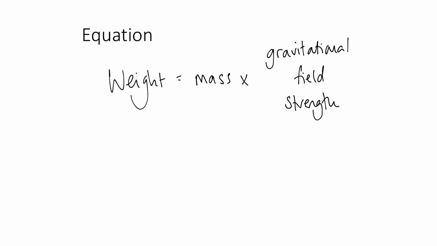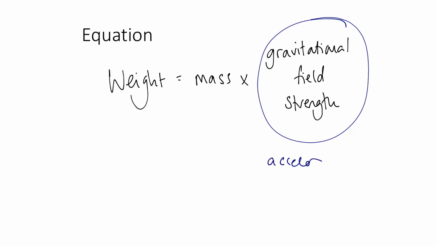Now, another complication with this equation is some people don't always use gravitational field strength. Sometimes they use acceleration due to gravity. But in essence, they're the same thing, and they're both 9.8 newtons per kilogram on Earth.